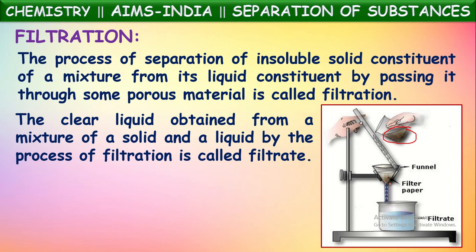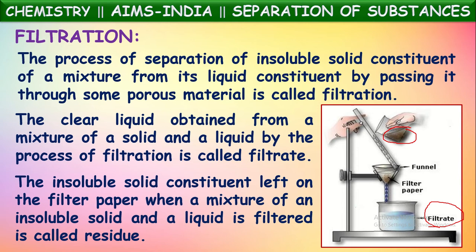That pure liquid collected in the other container is called filtrate. The insoluble solid constituent left on the filter paper is called residue. The solid substance remaining here is called residue, and the clear liquid obtained is called filtrate. This process is called filtration.